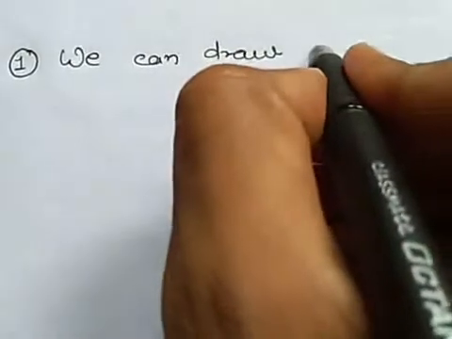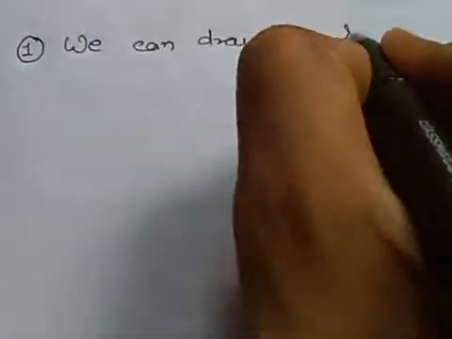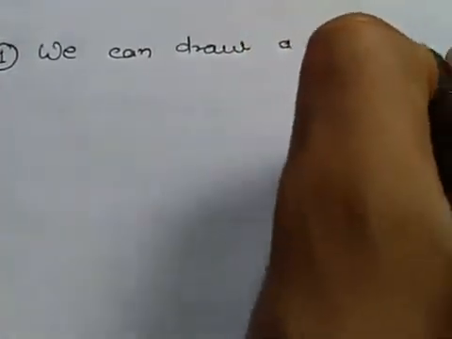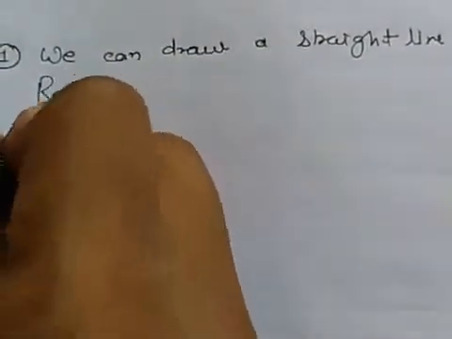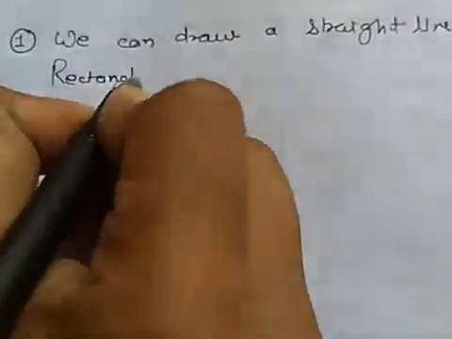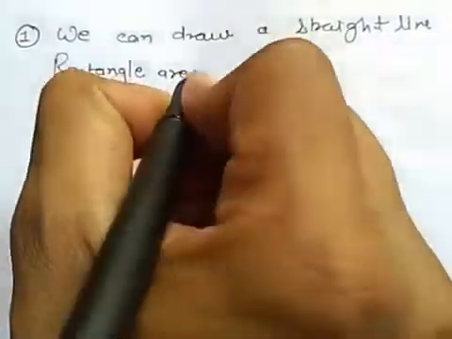With the help of these paint and draw tools, we can do the following things. Now, point number one, we can draw a straight line. We can draw a rectangle area.